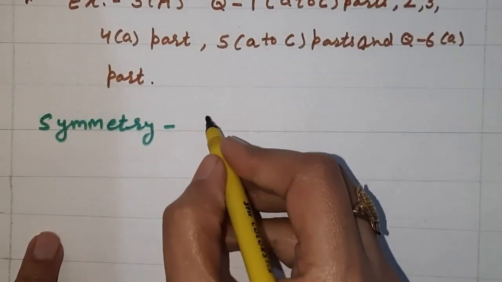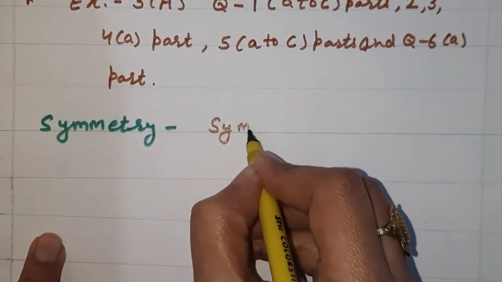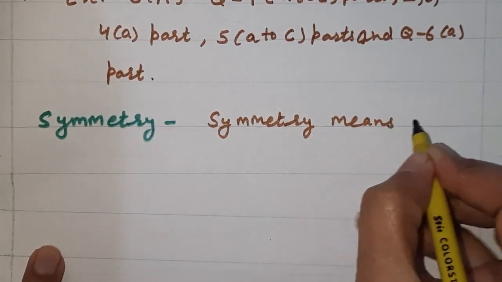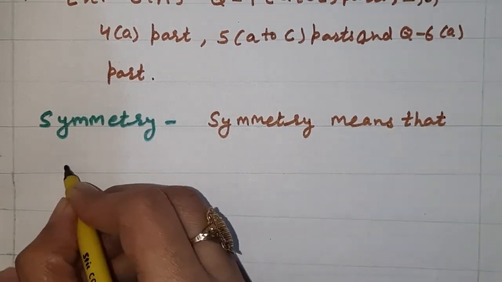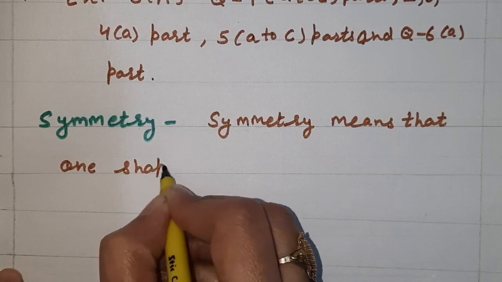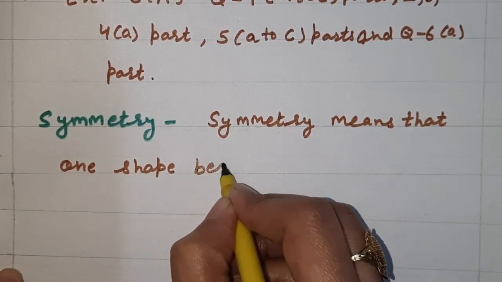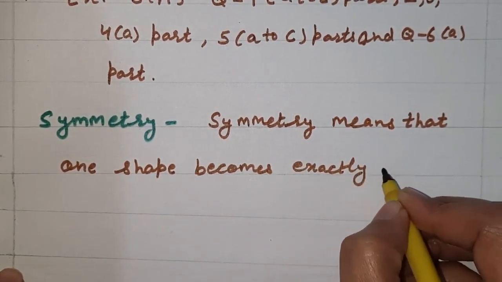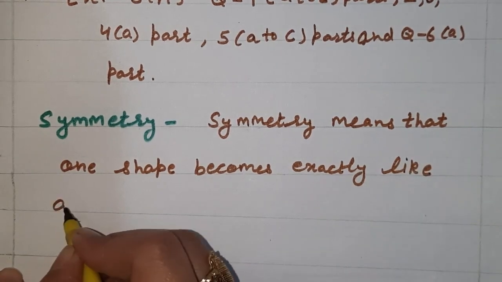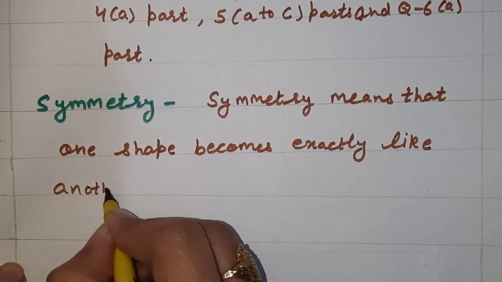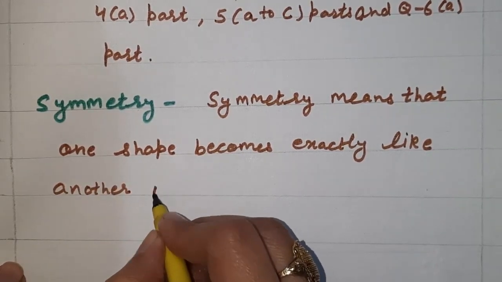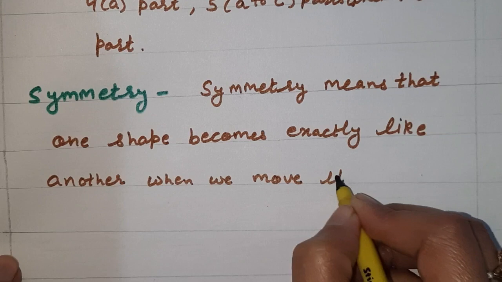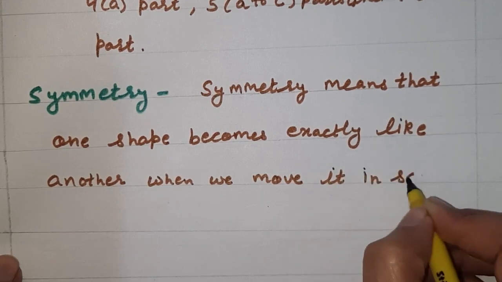Symmetry means that one shape becomes exactly like another when we move it in some way.